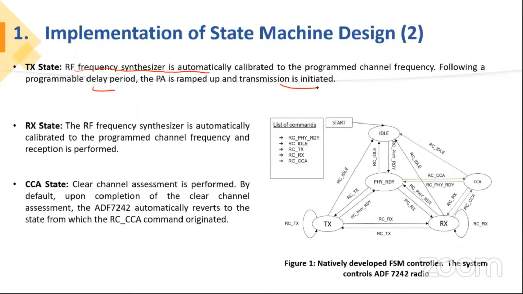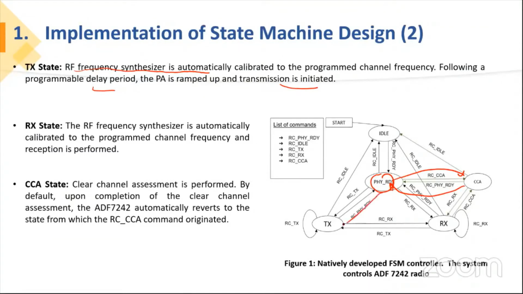Before transmission, you may also want to do a CCA check, and that is another state here. By default, upon completion of the clear channel assessment, the ADF automatically reverts to the state from which the RC_CCA command was issued. You can see that it was issued from the PHY ready state, so it goes back to the PHY ready state.